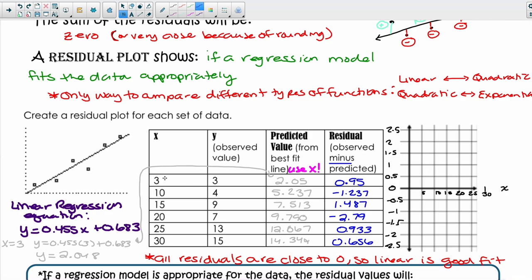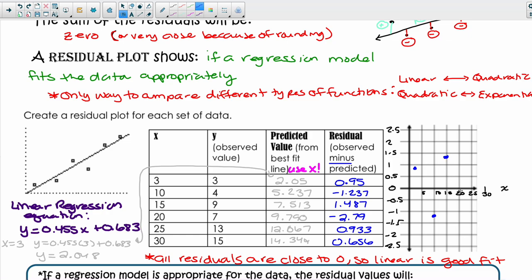At the x value of 3, because this is still the x value, the y value is your residual values. So at the x value of 3, my residual is at 0.95. So this is about 3 right here, and it's a little bit below 1. So here's my residual point. At the x value of 10, my residual is at negative 1.237, so about here. X value of 15, I'm at 1.487.